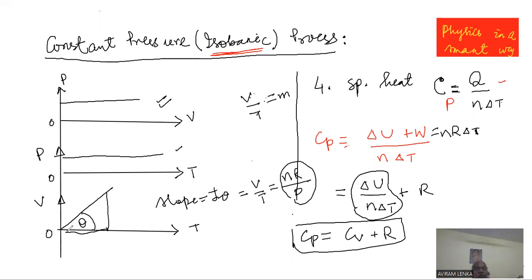Y is volume, x is temperature, so that is V by T. But writing V by T won't solve any of our issues, because there are many volumes and many temperatures. But in fixed terms, if somebody expresses that, it must be equal to nR by P.